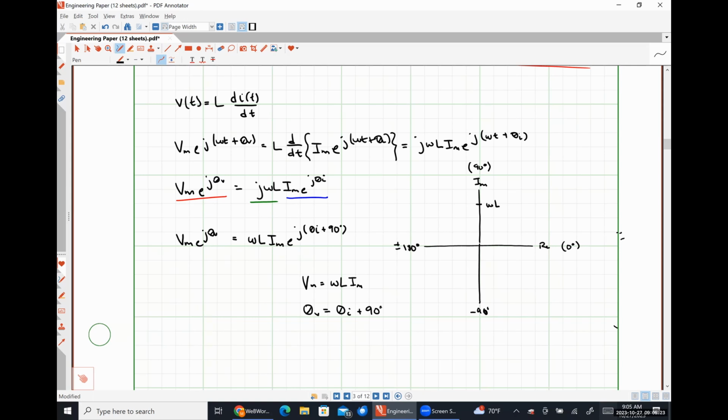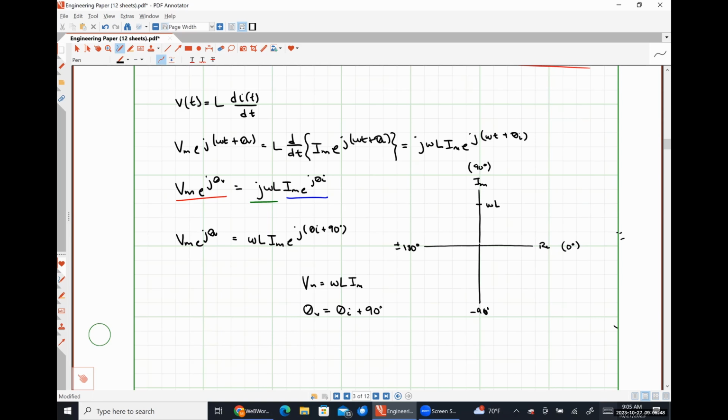So what does it mean that theta V is always 90 degrees ahead of theta I? Maybe I phrased that poorly. I'm thinking in terms of leading and lagging, comparing signals, right?